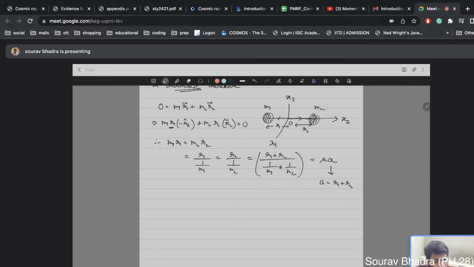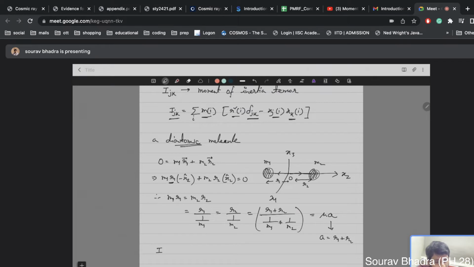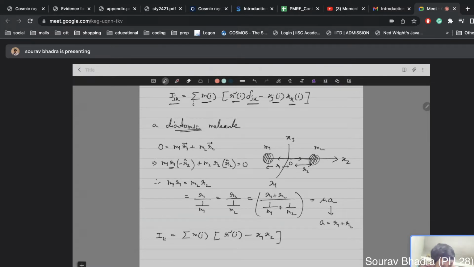Now we will calculate the moment of inertia. As you know, I have written this expression for I_jk. First we will calculate I11, or you can say Ixx. That is the summation over i of m_i, r_i squared delta_11, that is 1, minus x_1 x_1.